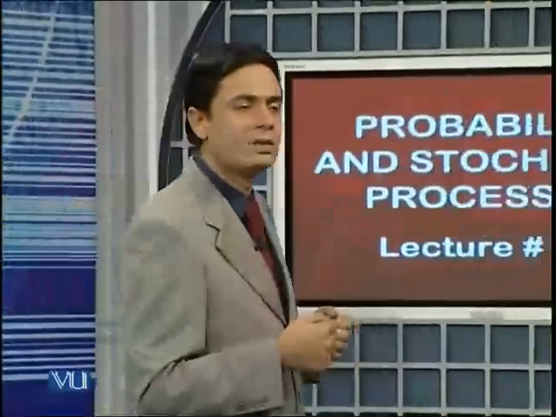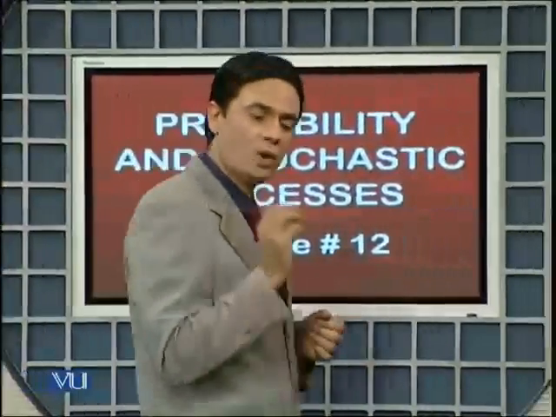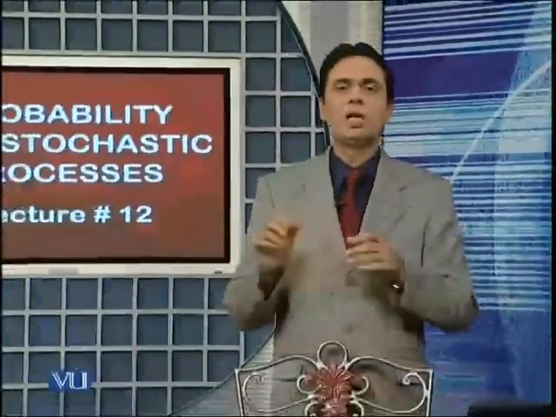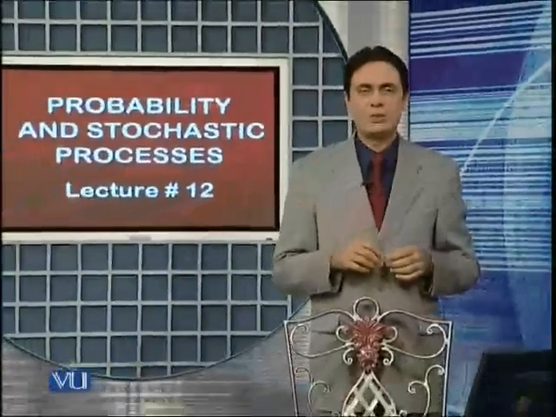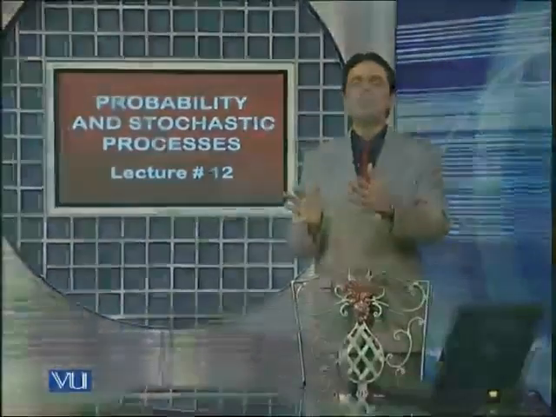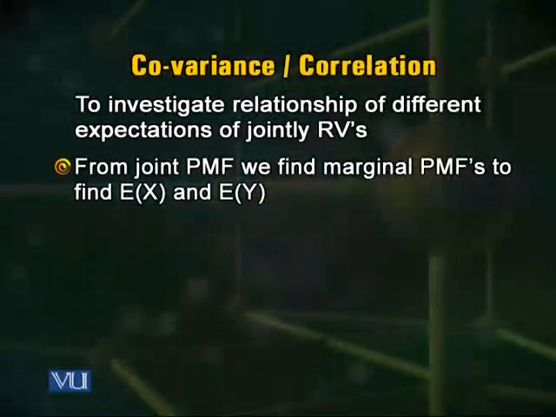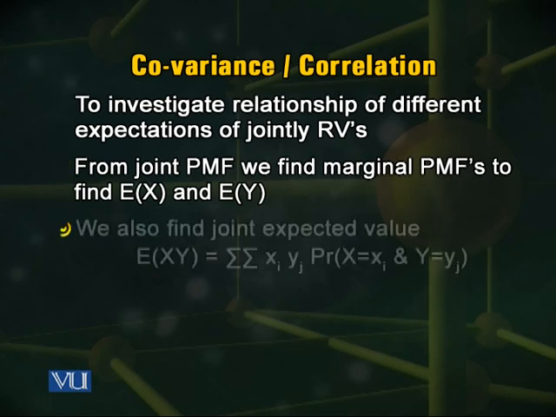So having cleared this, let's find the joint expected value of two random variables jointly defined which have a joint probability mass function. Of course, if they have a joint probability mass function, they have their own marginal probability mass functions for x and y respectively, which can be obtained by summing all the probability values along rows or along columns.